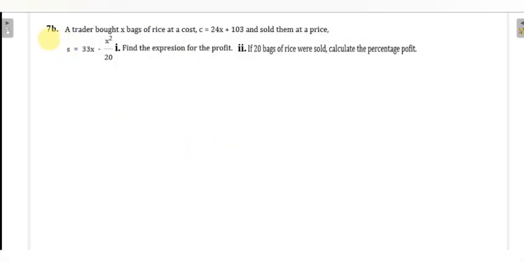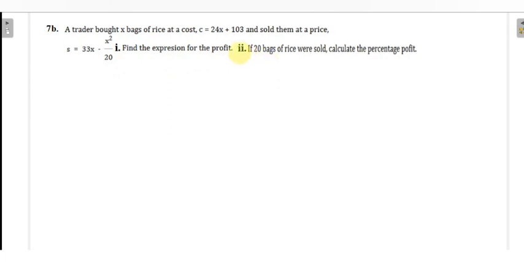Now for the B part of this: a trader bought S bags of rice at the cost of C is equal to 24S plus 103 and sold them at the price of X is equal to 33X minus X squared all over 20. One, find the expression for the profit.